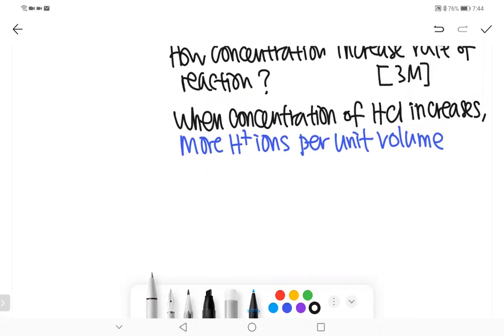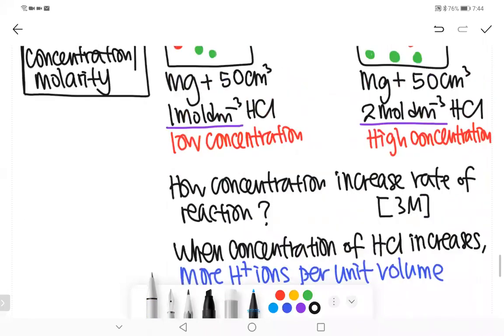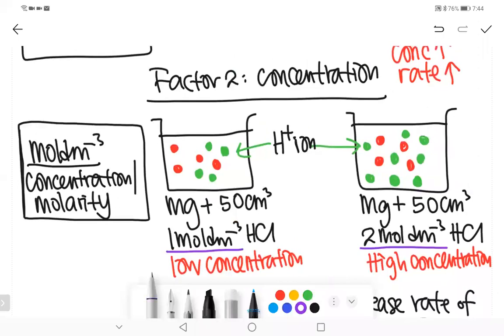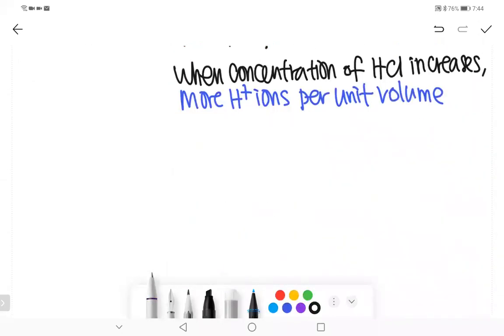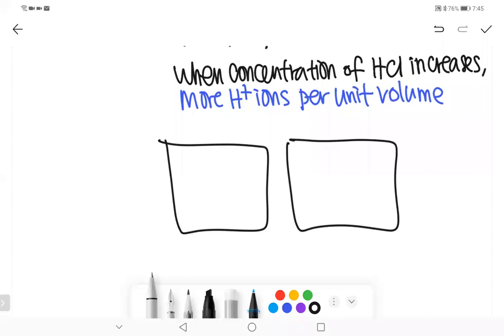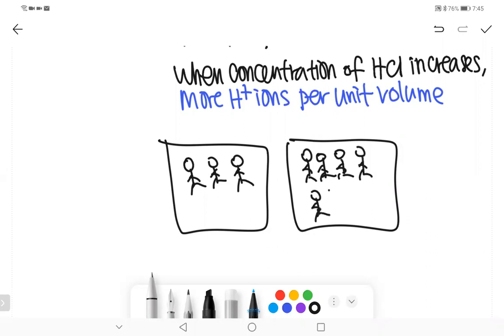When we have more and more H plus per unit volume, with many particles like this, it is very crowded. When it's very crowded, it's very easy to collide. Imagine we have two classrooms of the same size. The first classroom has 3 students moving around. In the second classroom, you put 10 students.